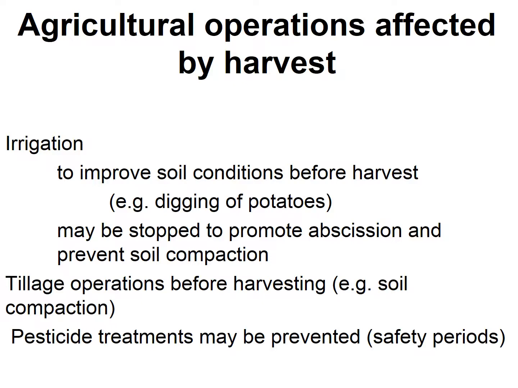In some cases, we might perform some tillage operations before harvesting. And of course, pesticide treatments will be stopped long before harvest according to the safety period of the pesticide.